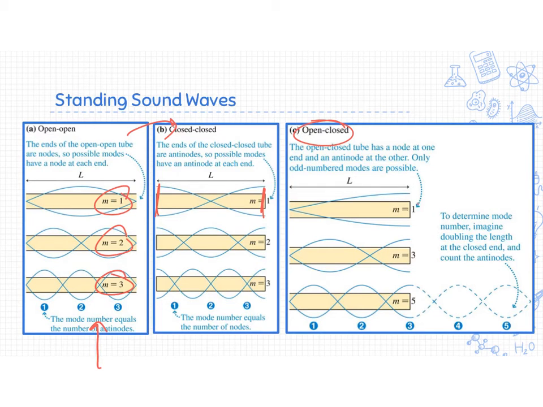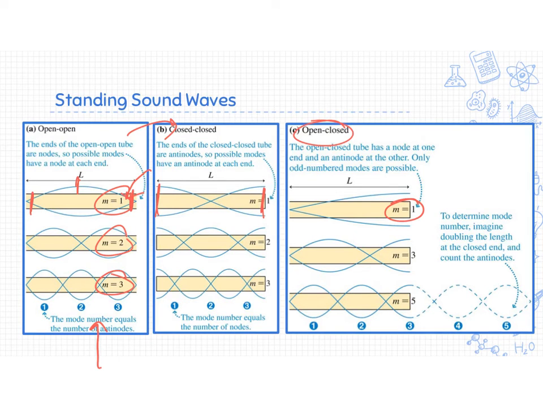And look at this. I have a mode number of 1 here, and on an open tube, I had a mode number of 1. But on the mode number of 1 with the open tube, it is one complete node to antinode to node in that cycle. So we had a node, antinode, node.